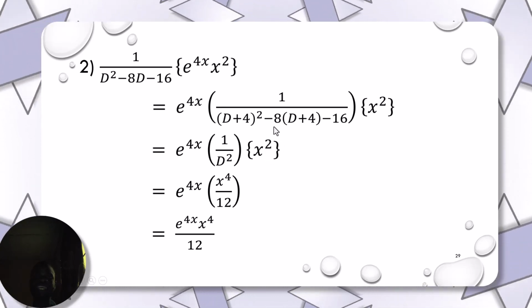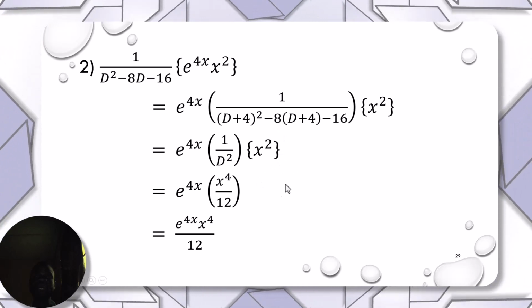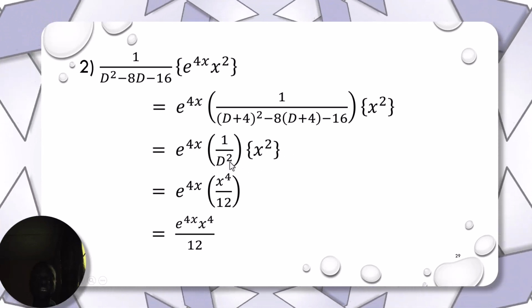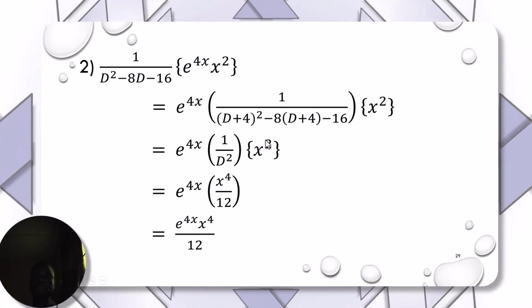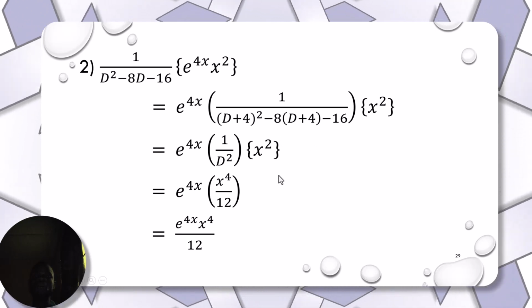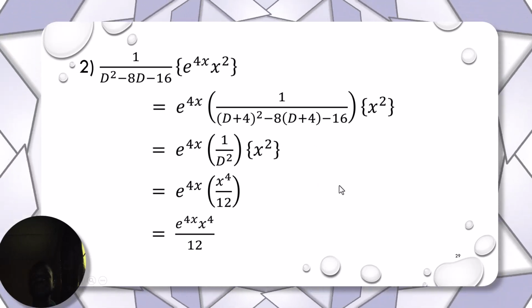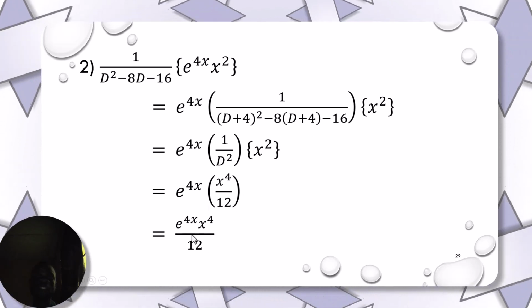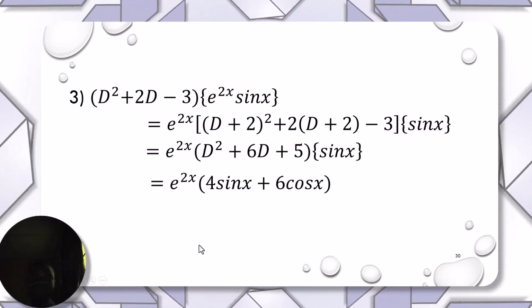Then I will integrate it again, the second order integration, to now give me x to the power of 4 all over, I will have all over 3 then multiply by 4, which will then give me 12. So I will have this all over 12.